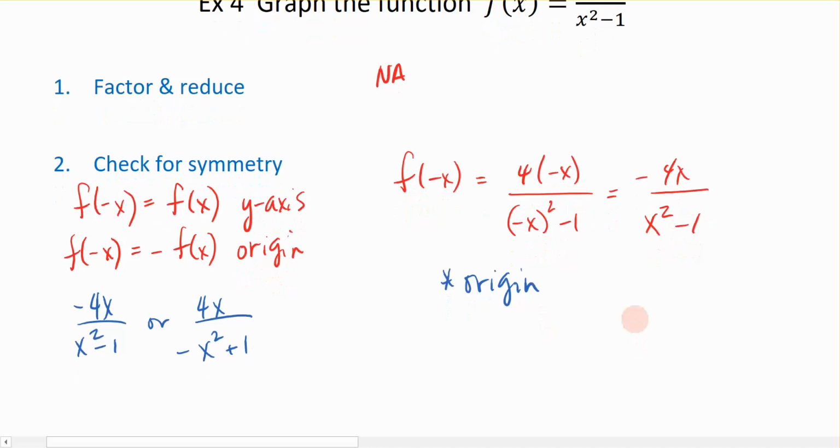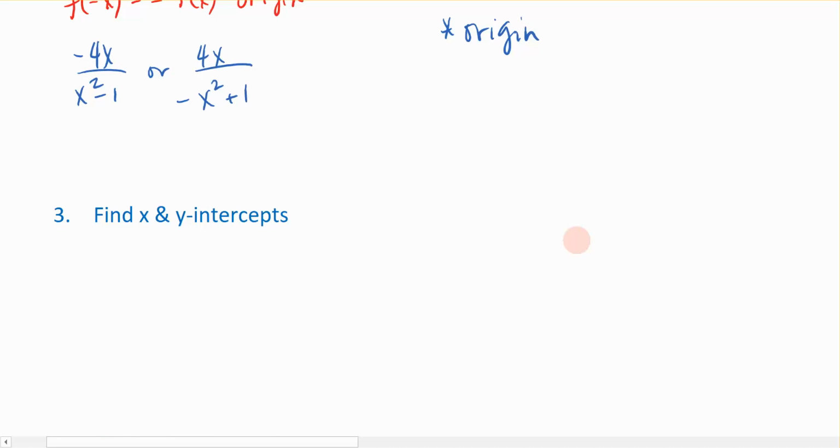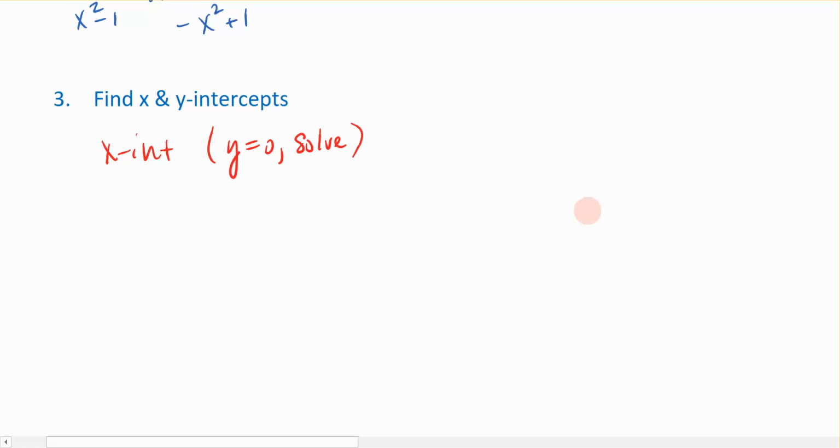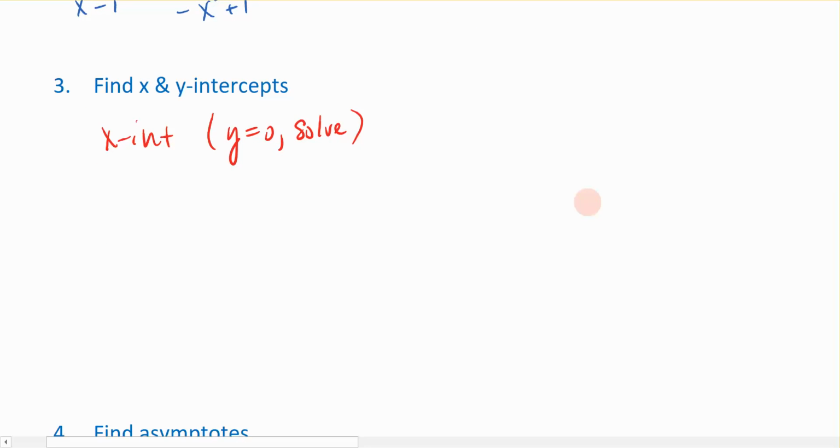Okay, now that we know we have symmetry, let's talk about finding the x and the y-intercepts. When I find the x-intercepts of my function, that's where I am going to set the function equal to 0 and solve for x. So we're going to do that one first. Remember that my function was 4x divided by x squared minus 1. We're going to set it equal to 0 and solve for x.